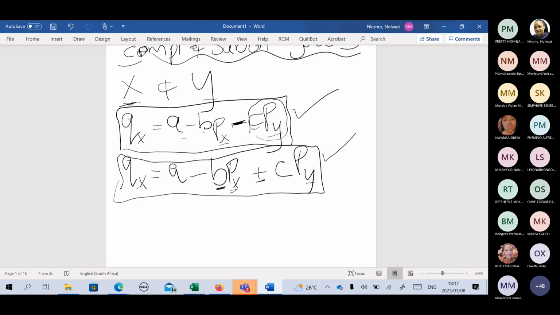And then we have equation 2, whereby these two are substitutes. We have a positive sign before the price of good Y. This means if you increase the price of product Y, product X will be more in demand.